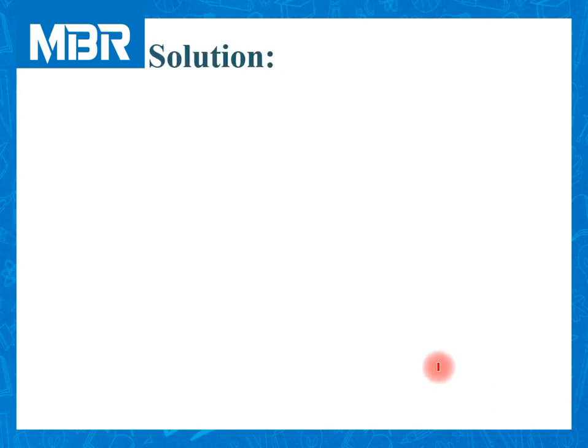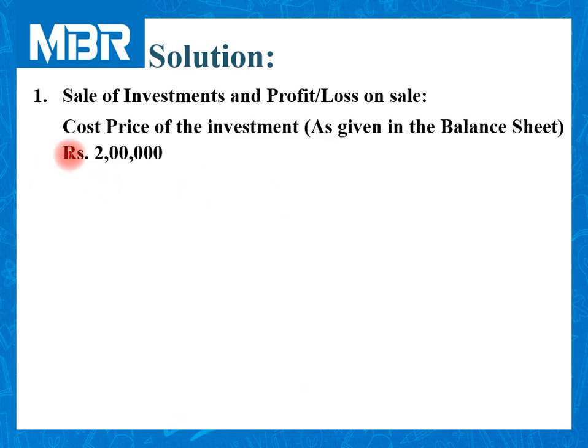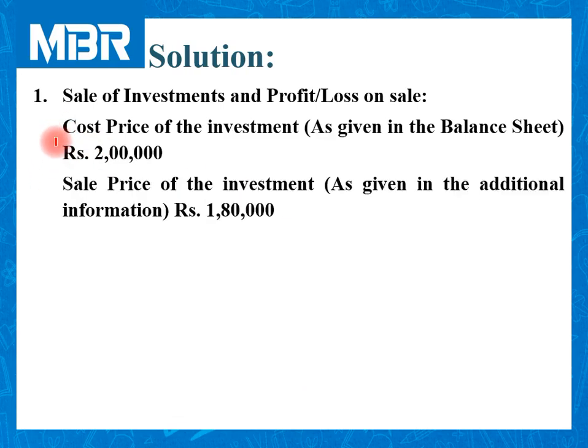Let us start our calculation with the first and foremost transaction of this chapter, and it is related to sale of investment. As per the information given to us in the balance sheet, the cost price is rupees 2 lakhs, and in additional information the sale price is also given.